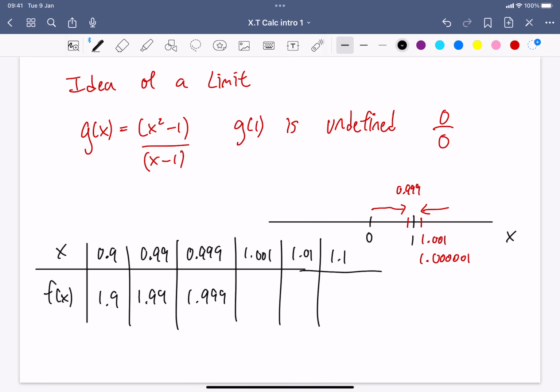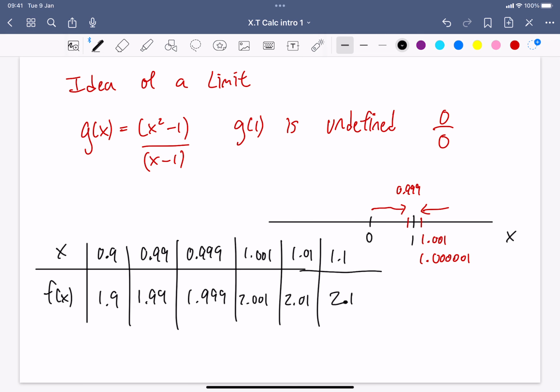What if we approach on the right-hand side? If we plug in 1.1, we would get 2.1. If we plug in 1.01, we would get 2.01. If we plug in 1.001, we would get 2.001.